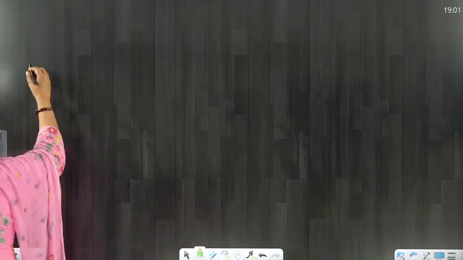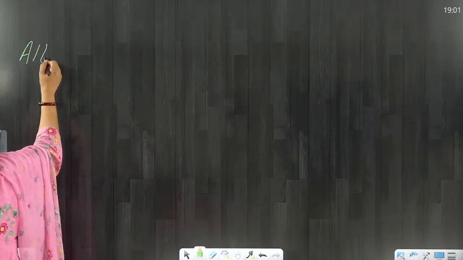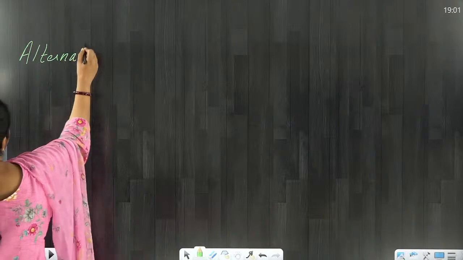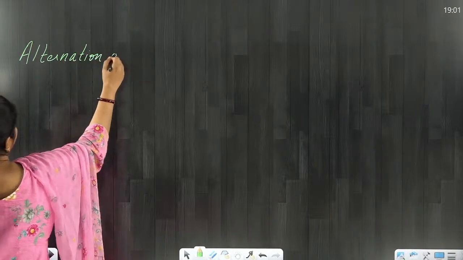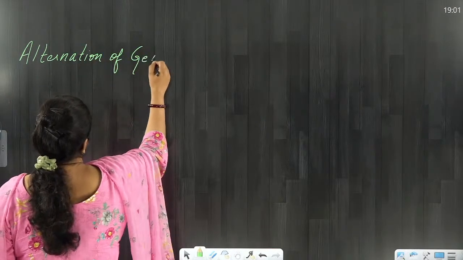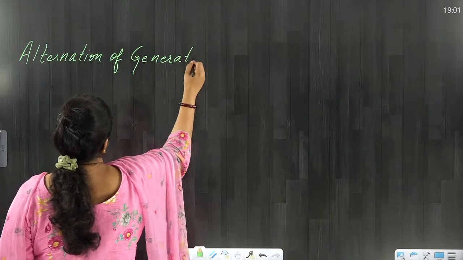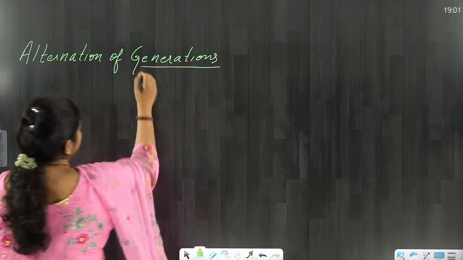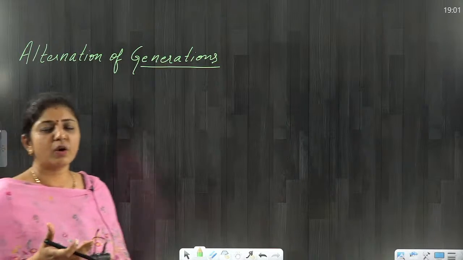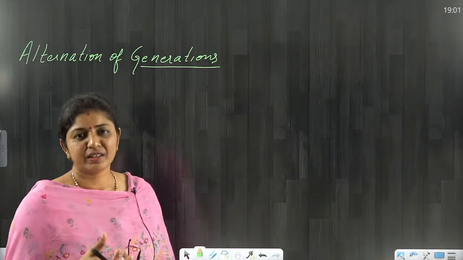If I am taking the word alternation of generations, which generations are we talking about in case of the plants?